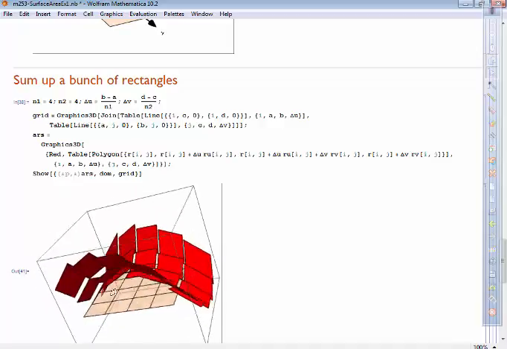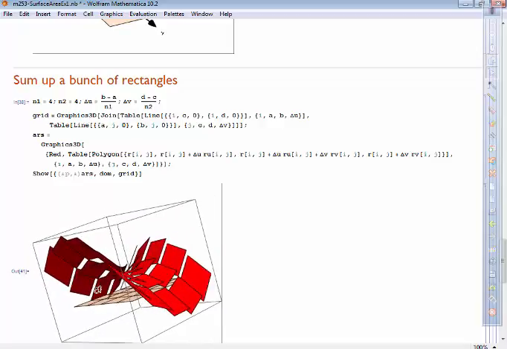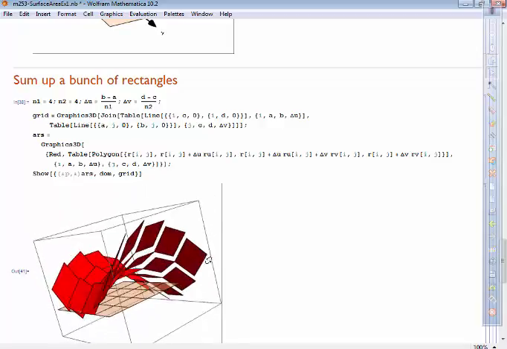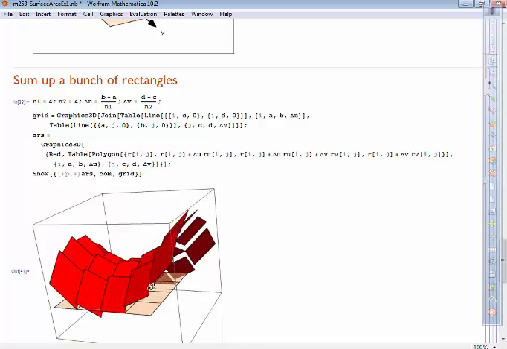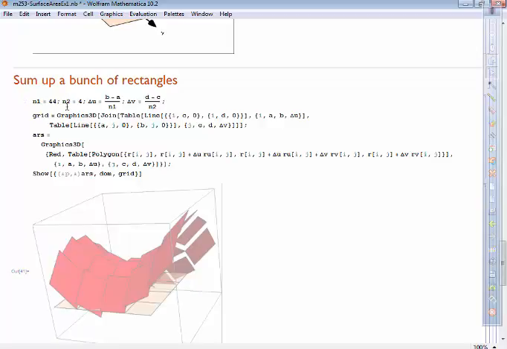You can imagine that if you were to find the areas of these things, it's not going to give you a very good approximation, but it's some approximation. But the more you cut it up, the smoother it's going to be.